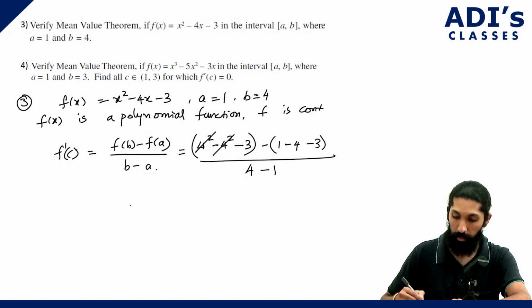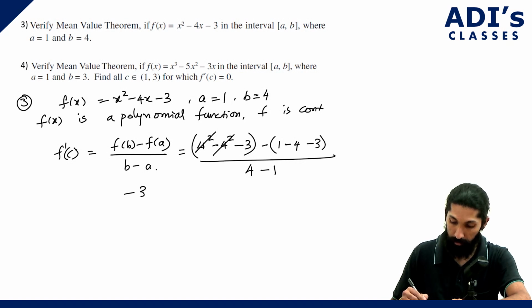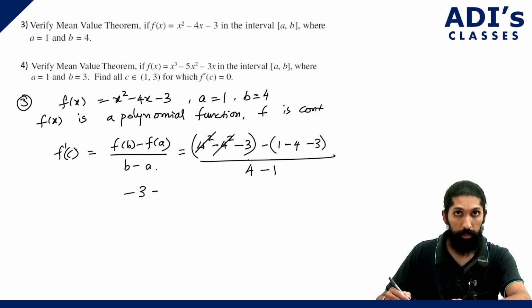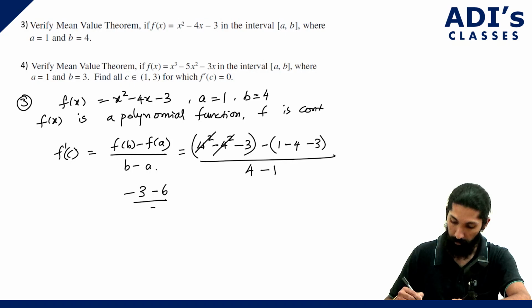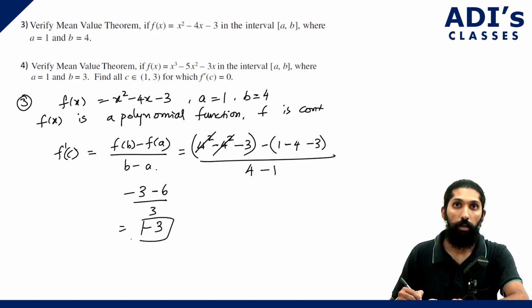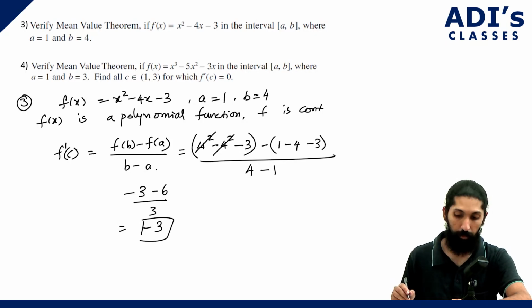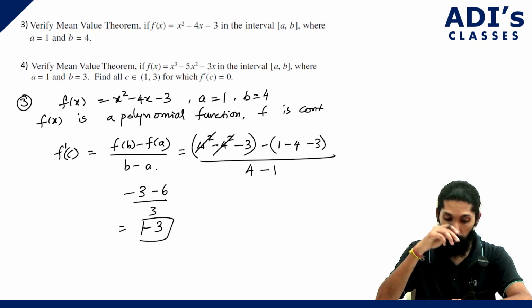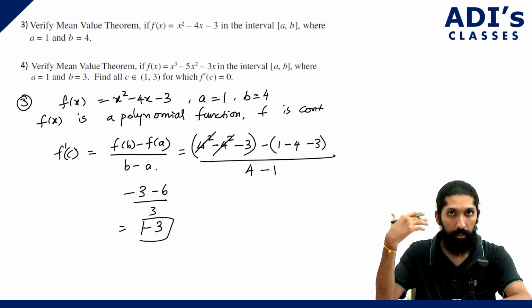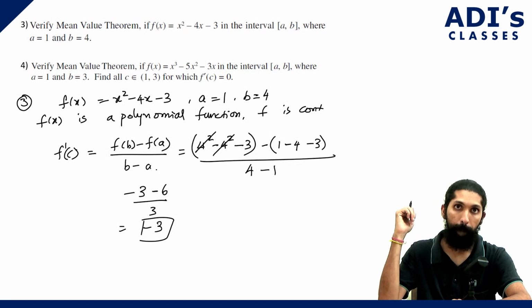The 4 square terms cancel out. So you have minus 3 minus, this is minus 7 plus 1, which is minus 6, minus 9 divided by 3 is minus 3. This is f of b minus f of a divided by b minus a. So what did we do just now? We calculated the value of f dash of c, isn't it?